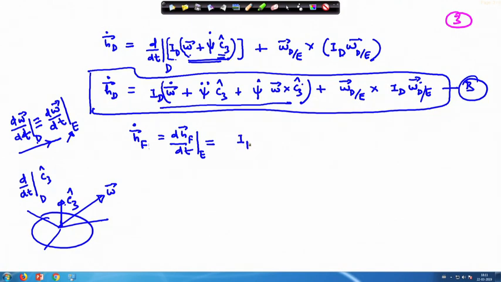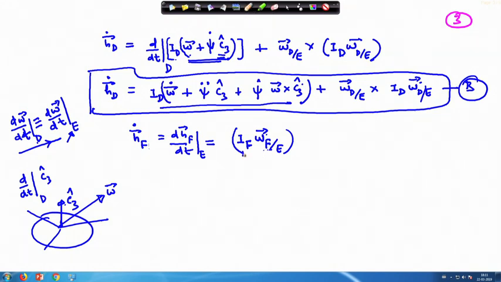So, this will be I f times omega f with respect to E, where I f is the corresponding moment of inertia, and omega f slash E means the absolute angular velocity of the frame f, which we are writing with respect to frame E.